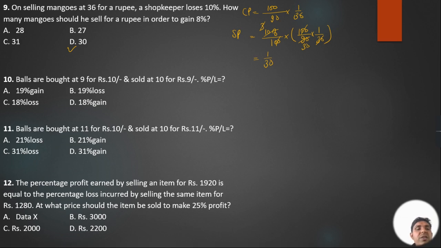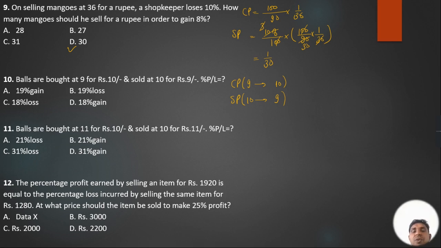What is the shortcut for this question? The shortcut is what is given in the question. The question is saying that the cost price of 9 balls is equal to rupees 10, right? And the selling price of 10 balls is equal to rupees 9, right?